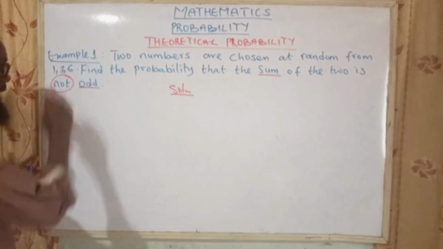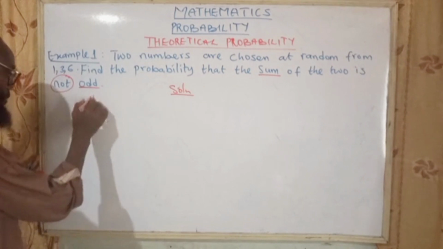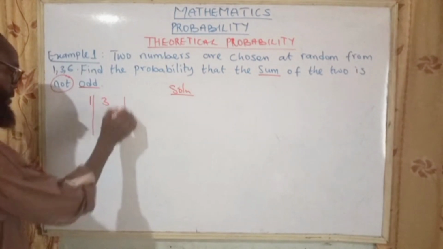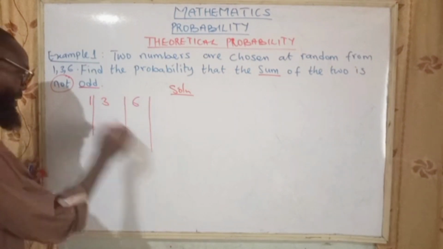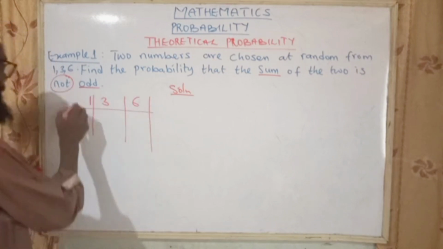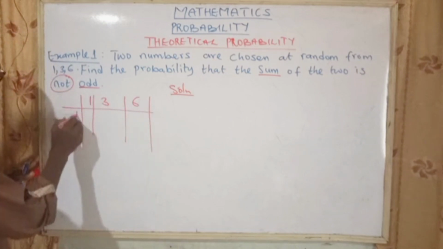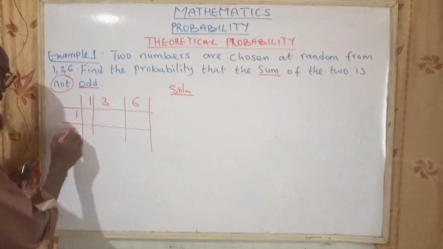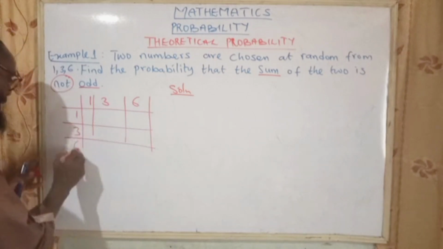Let's do it this way. We have 1, 3, and 6 as the numbers. Then we arrange it with 1, 3, 6 as well.